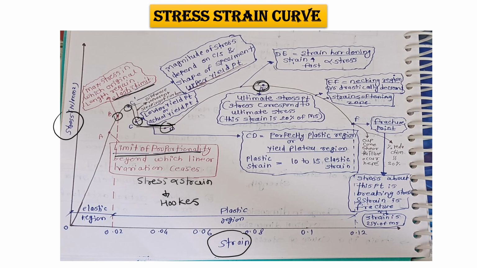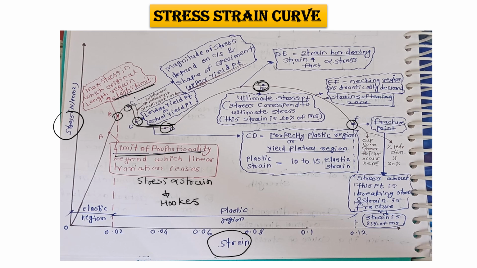Then next, from E to F is the necking region. In the necking region, the cross-sectional area of mild steel is drastically reduced, and this zone is the strain softening zone. D to E is the strain hardening zone, and E to F is the strain softening zone.